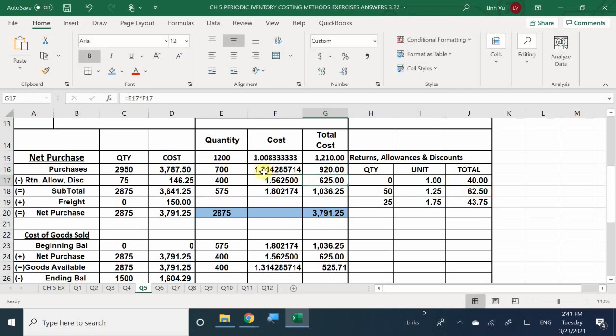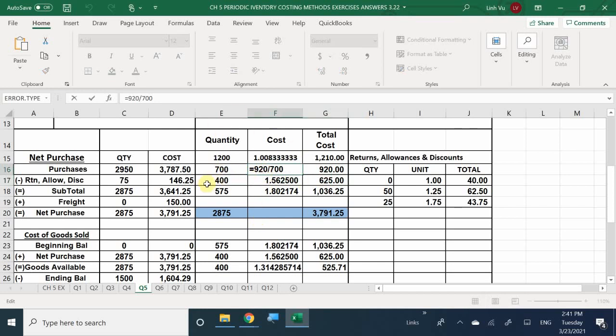And this right here, once again, is a new calculated cost per item, because now we have a new cost and we have lower quantity. So we have to redistribute everything once again to give us a cost per item. Okay. All right.